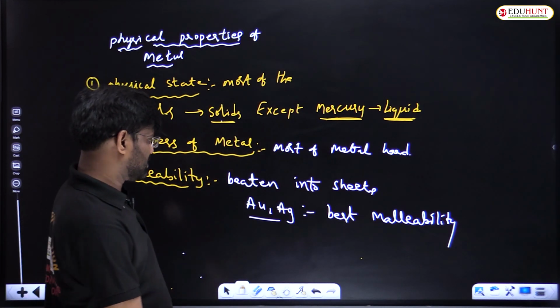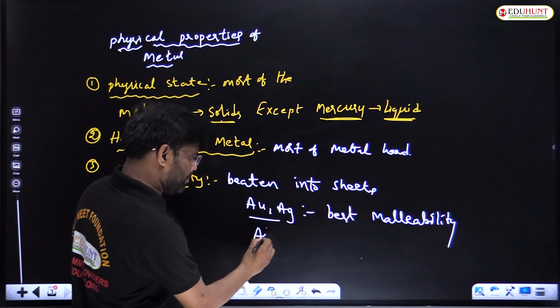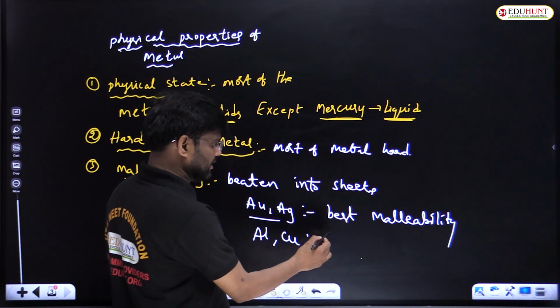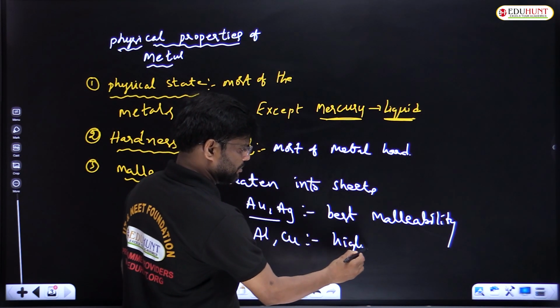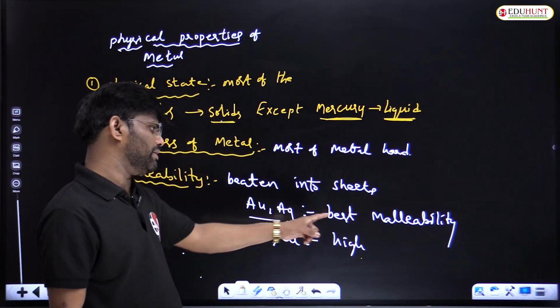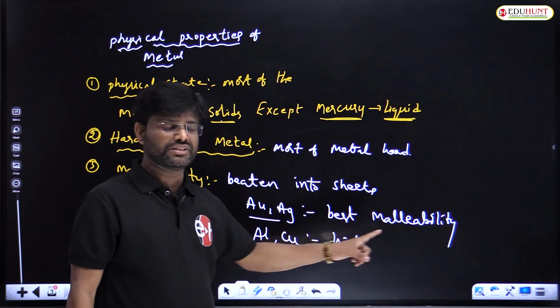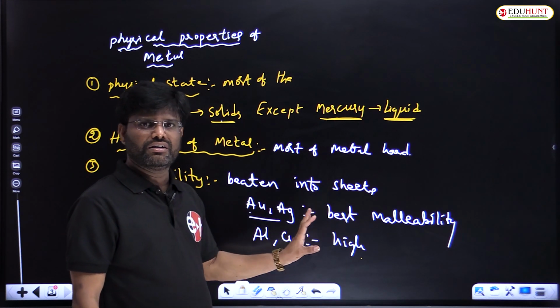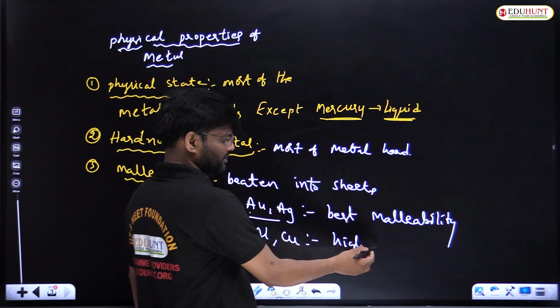Next, aluminium and copper have high malleability. Best malleability means gold and silver. Aluminium and copper are high malleability.